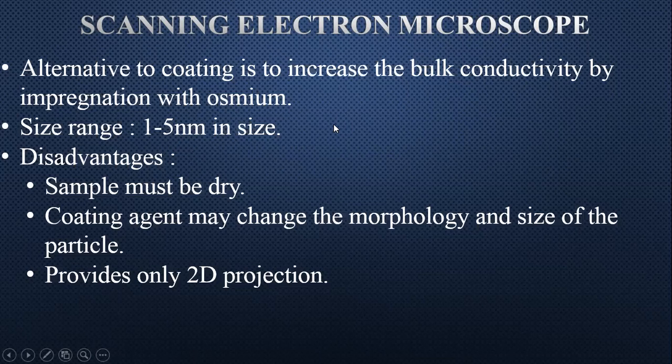If we consider the disadvantages, the first disadvantage is that the sample must be dry before it is used in the scanning electron microscope. The second disadvantage is that the coating agent may change the morphology and the size of the particles to be characterized. And third, it provides only a two-dimensional projection of the specimen.